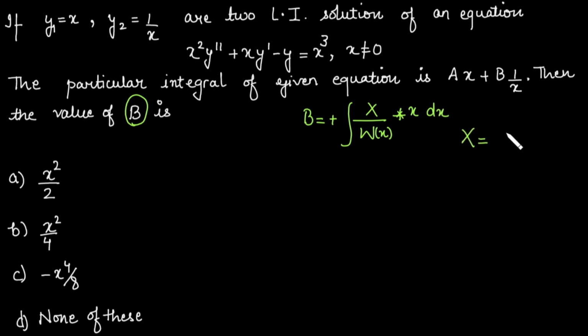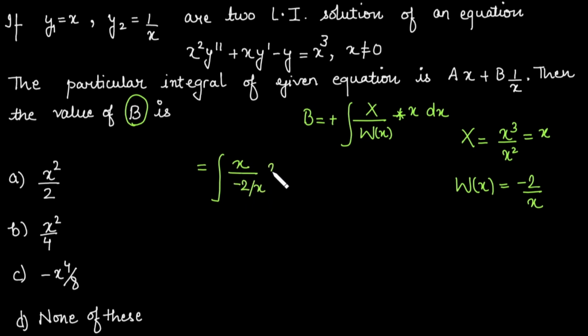X is x cube divided by x square, that is x. And what was the Wronskian? Recently we have calculated the Wronskian as minus 2 upon x. Substitute here, capital X is small x divided by minus 2 by x into x dx.